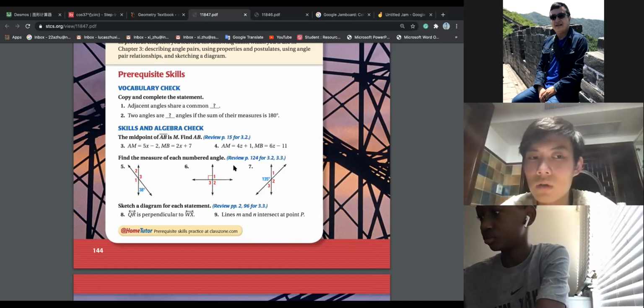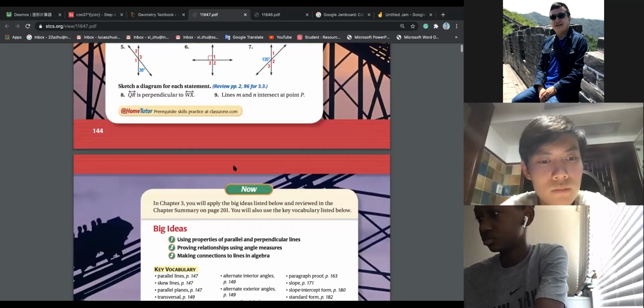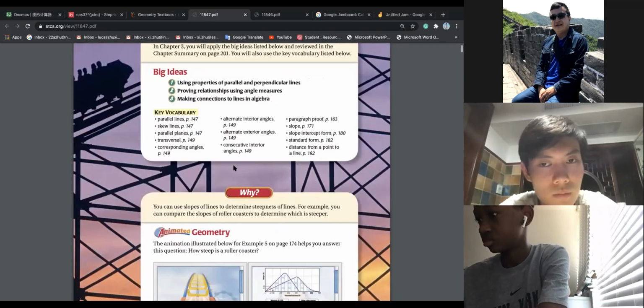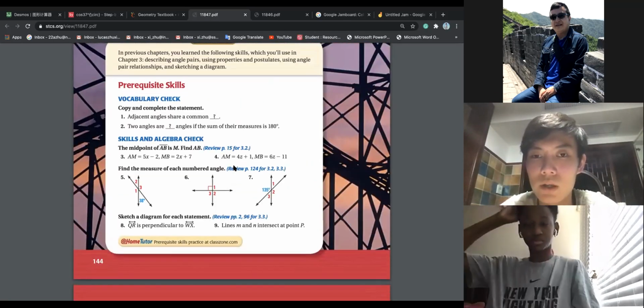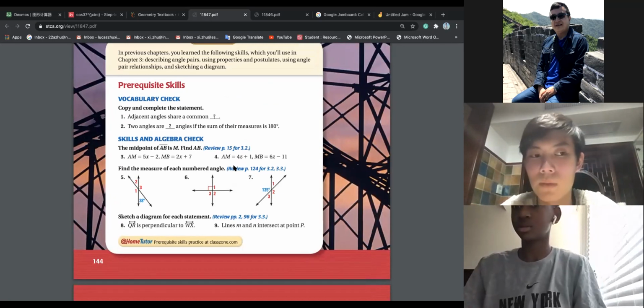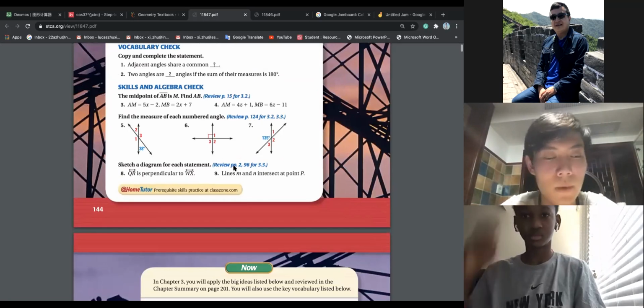Oh, supplementary. Yep, it is supplementary. And what are complementary angles? They add to 90. Yes, exactly. Remember that.